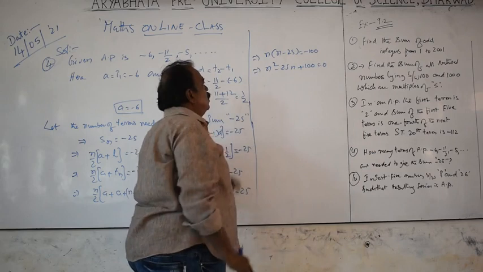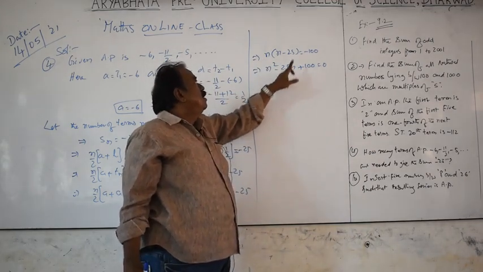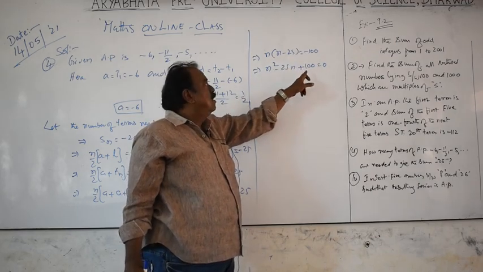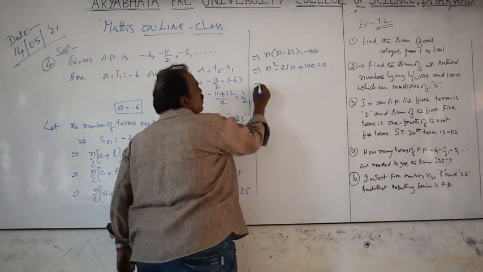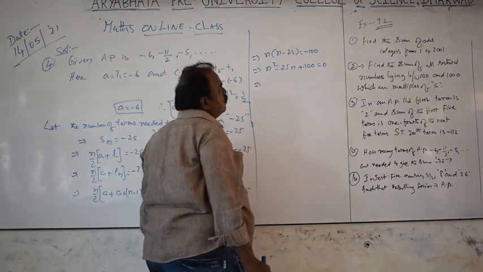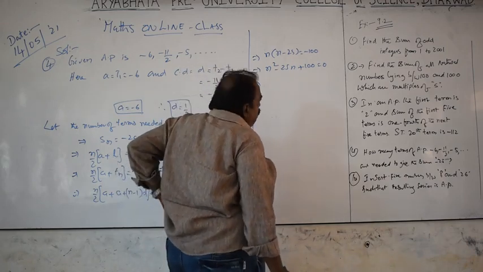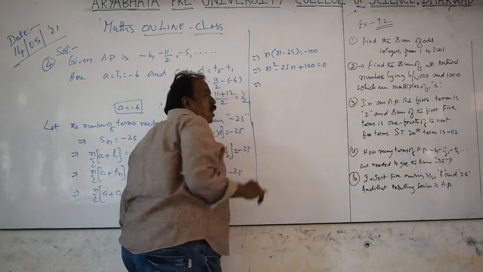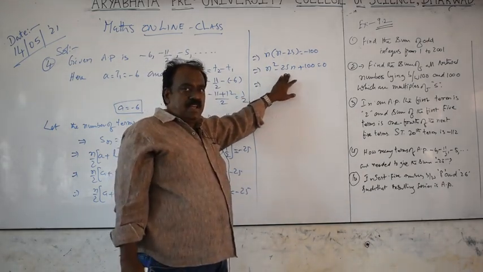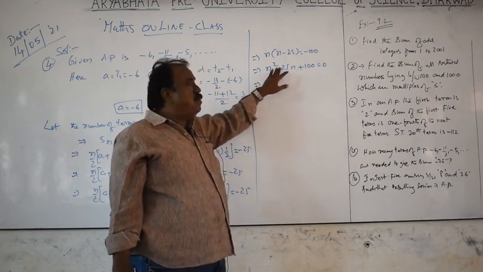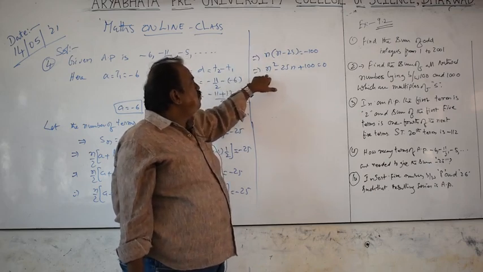Will you agree? N square minus 25n, and the minus 100 comes to this side as plus 100. You see, it is a quadratic equation in terms of n.